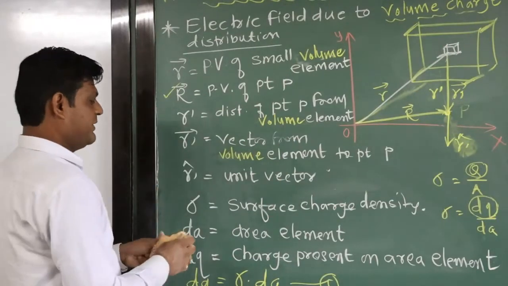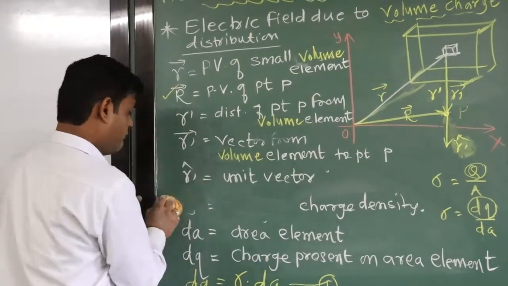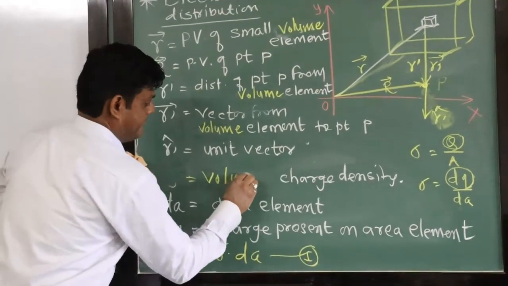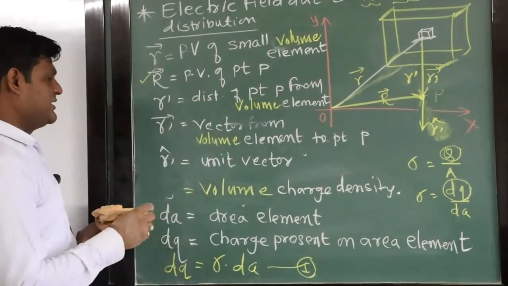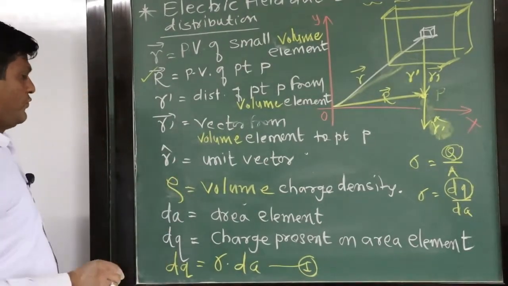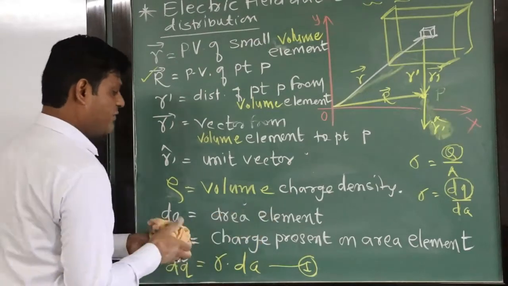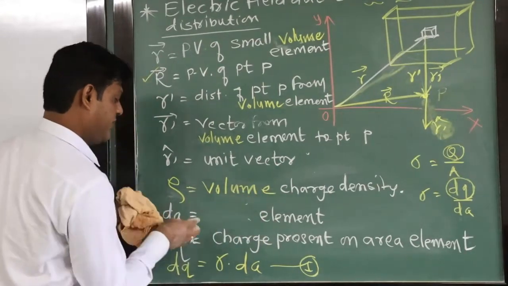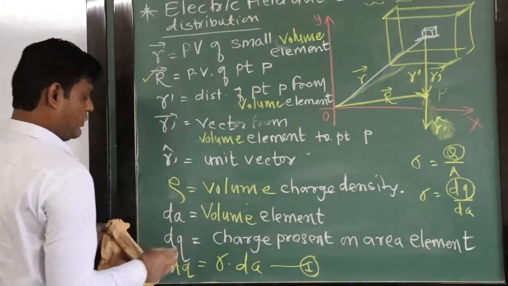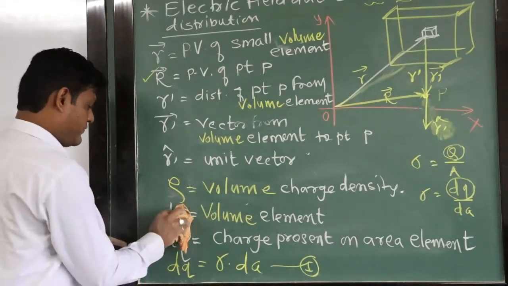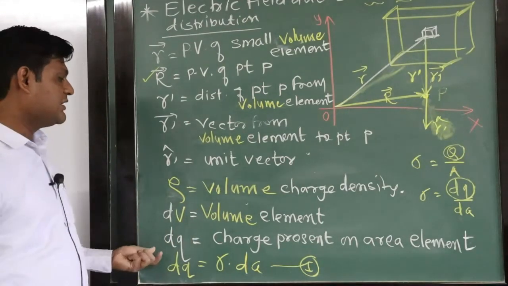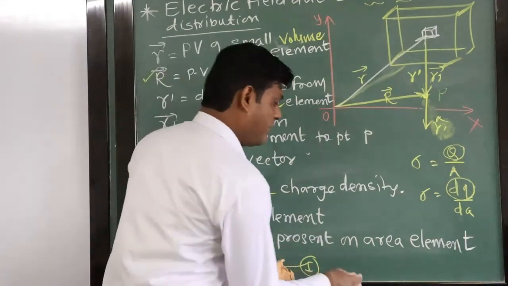Here, instead of surface charge density, we will write volume charge density. Volume charge density denoted by letter rho. So instead of area element, we will write volume element. What is volume element? That is dV. Right, dq is the charge present on the volume element.